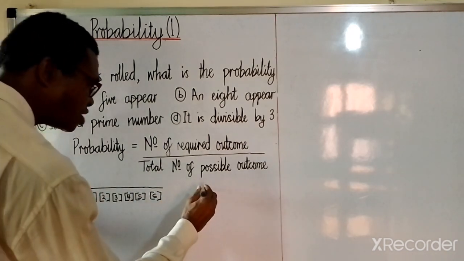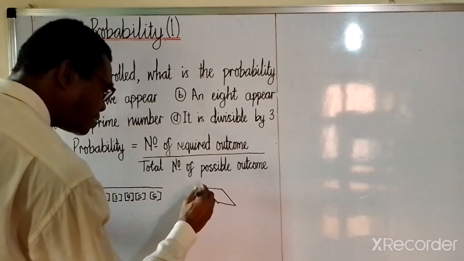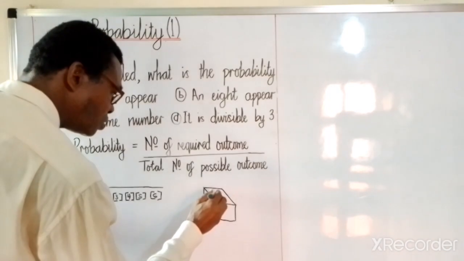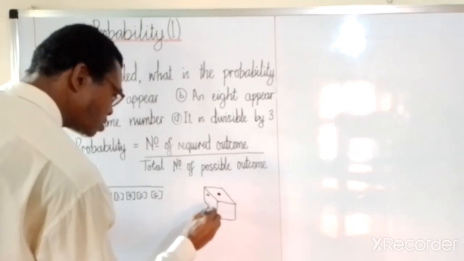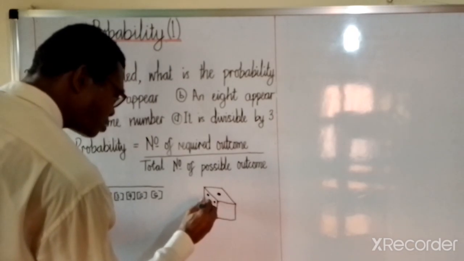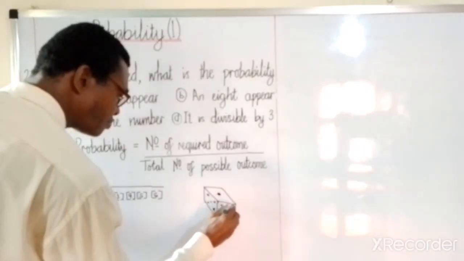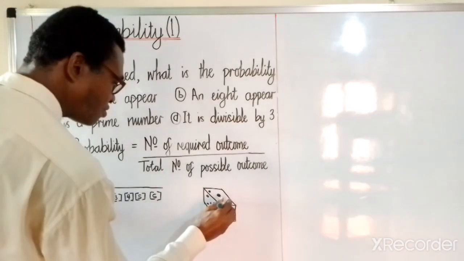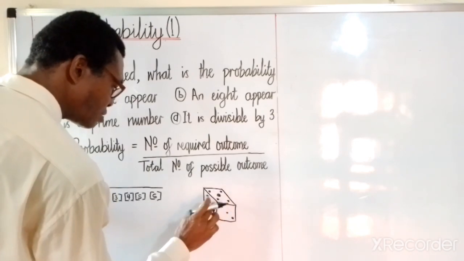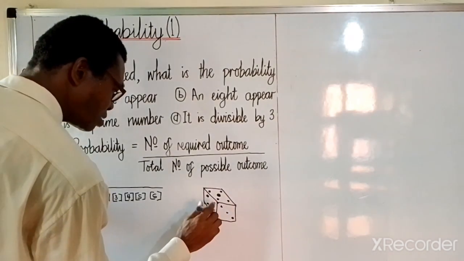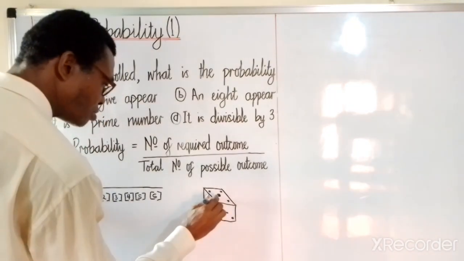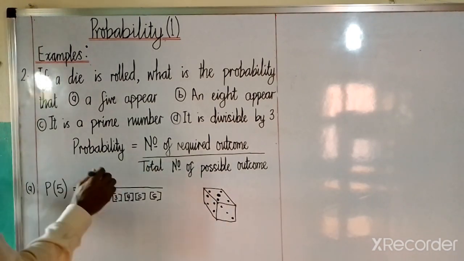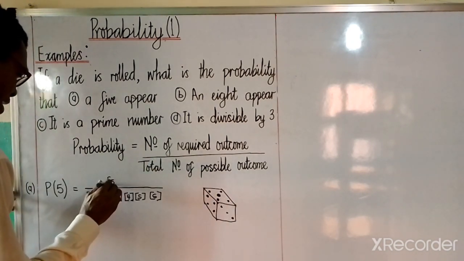If a die is rolled, remember our die is this way. For a 5 to appear, that means the top here will be a 5.